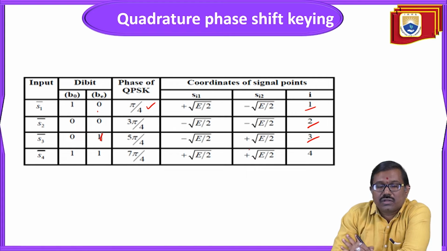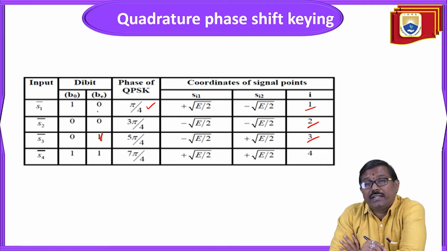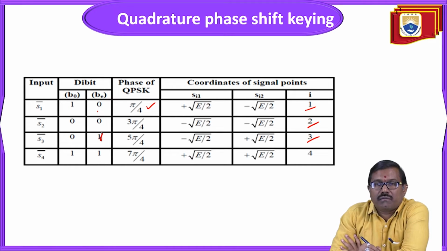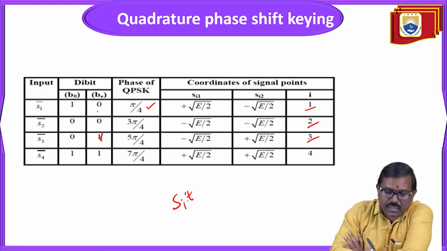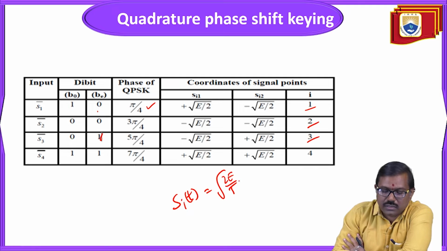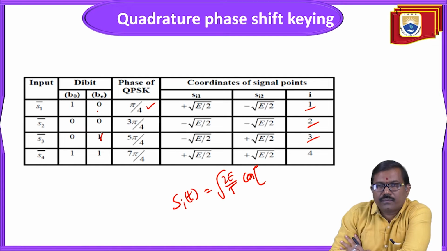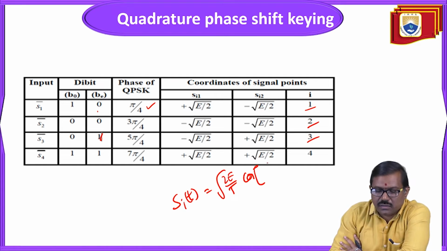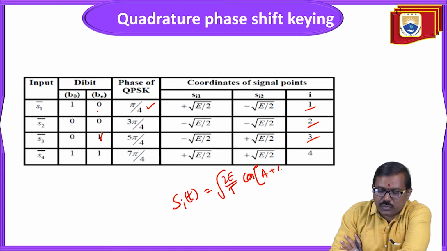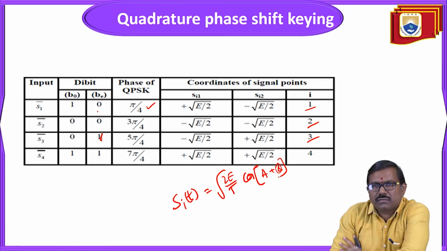That is taken from the first modulated QPSK equation, that is s_i(t) equal to square root of 2E by T cos of, here in the form of A plus B, where B is the phase value in that term.